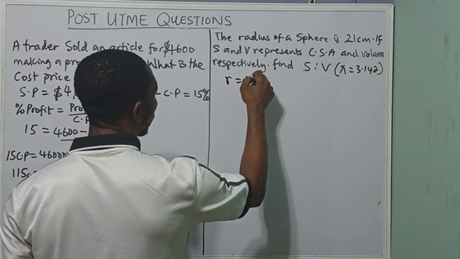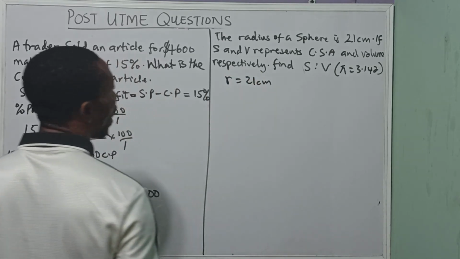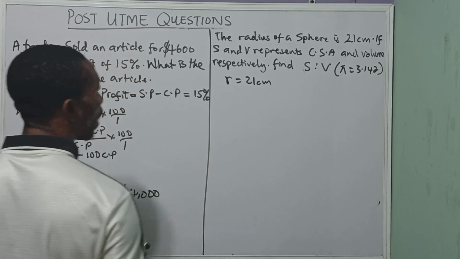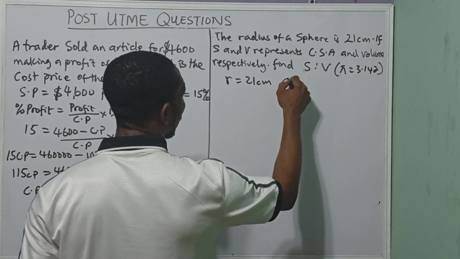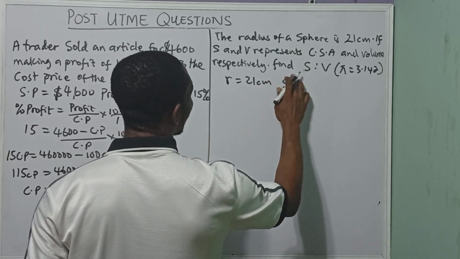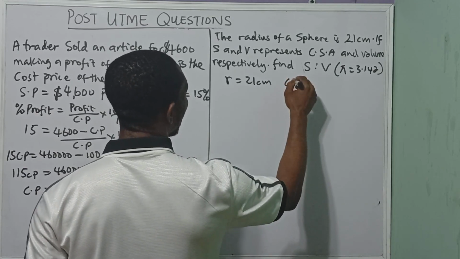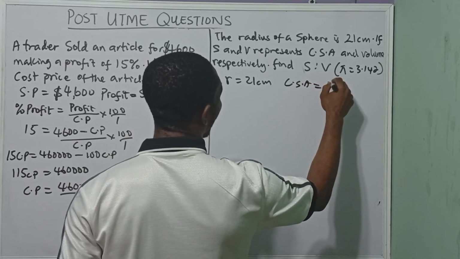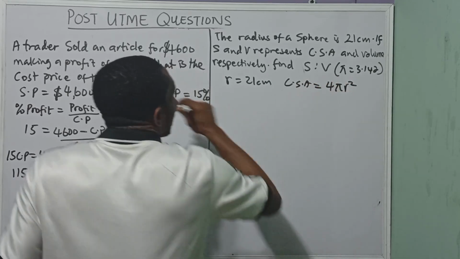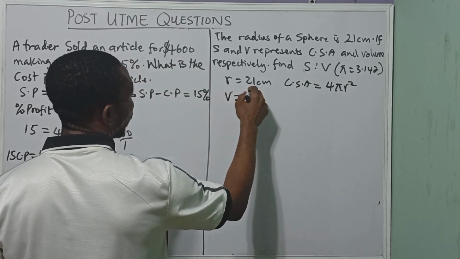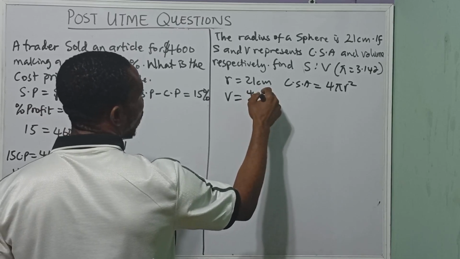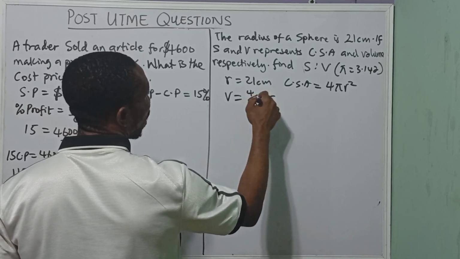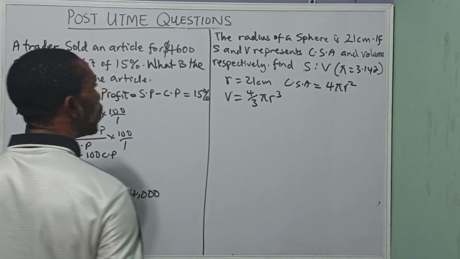Our radius is 21 cm. If S is a curved surface area, and we know that for curved surface area, S as CSA will give us 4 pi r squared, and V, volume for a sphere, will be 4 over 3 pi r cube.